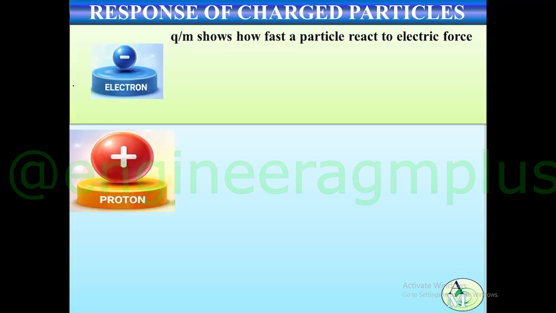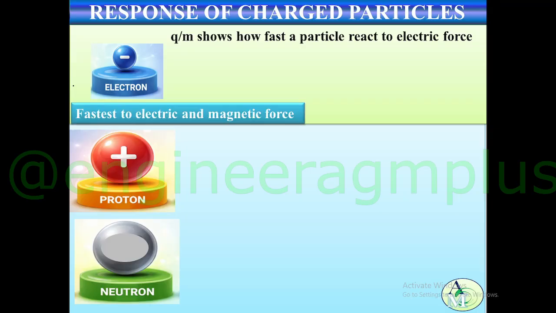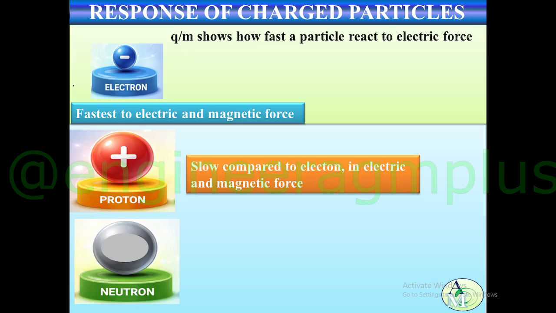For example, electron, proton, and neutron, comparing their charge to mass ratio, what does that mean? It means that electron has the highest charge to mass ratio, which suggests that it is the fastest to respond to electric and magnetic force. Whereas proton, compared to electron, is slow, especially in electric and magnetic force.